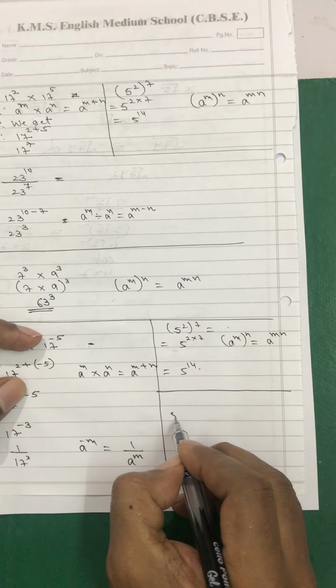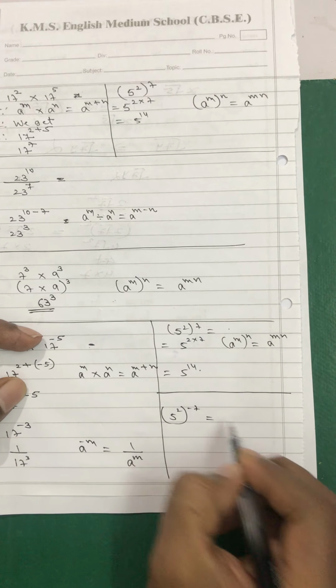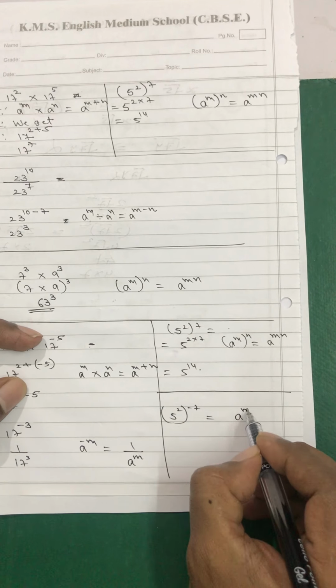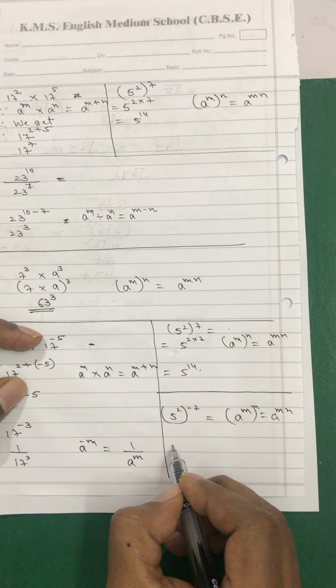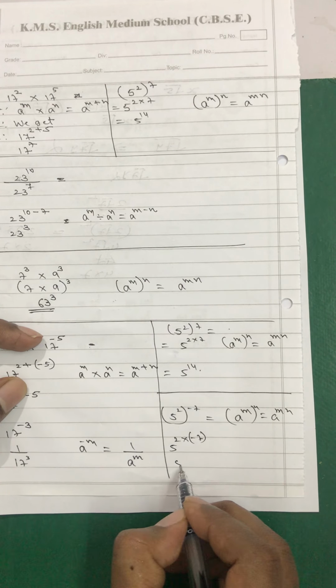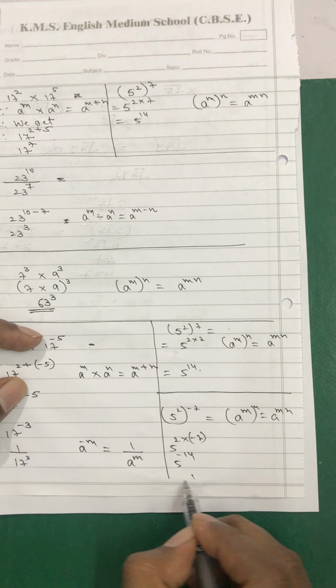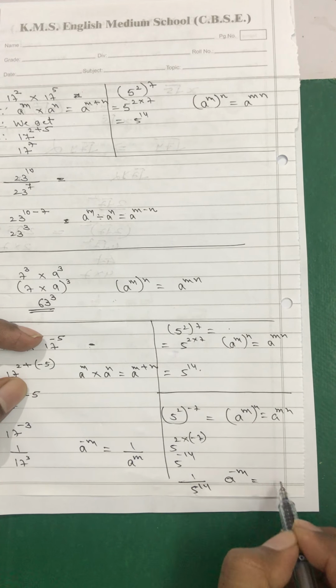Of course, there are many questions. This will keep on happening. 5 square raised to the minus 7. So here also same thing. A raised to the power of m, the outer power multiplying with inner power. So you get 5 raised to the power of 2 into minus 7. This will give you 5 raised to the power of minus 14. Then I will have to shift it to make it plus 14.